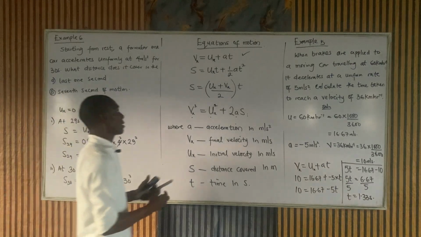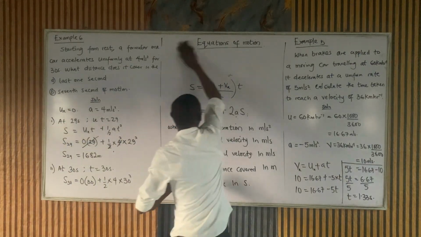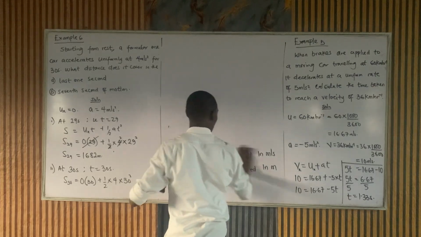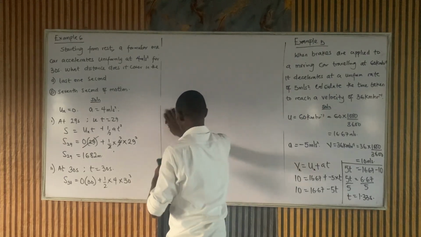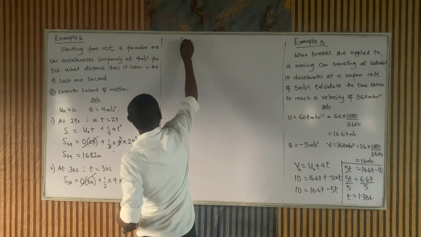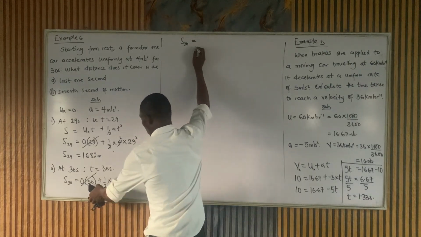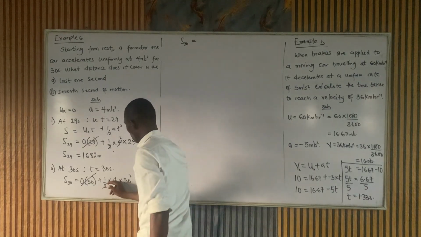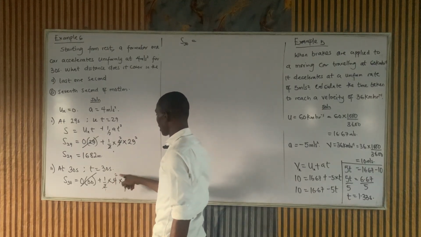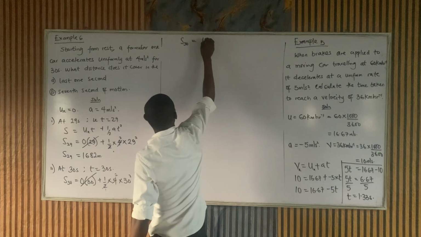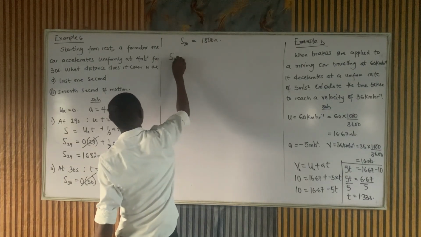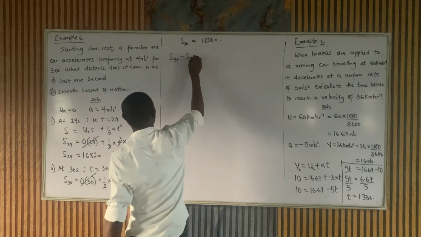Well, let's continue here now. So this will give us X at 30 to be equal to half of 4, 2 here, 1, 2 here, 2. 30 squared will give us 900. 900 times 2, 1800.